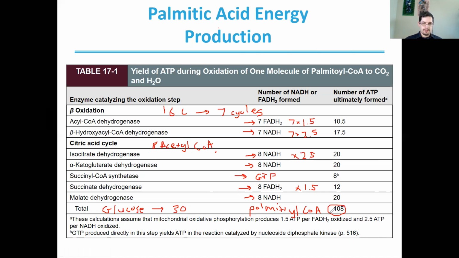Or in terms of ATP per carbon, that would be 5 ATP per carbon for glucose, as opposed to 6.75 ATP per carbon for our palmitoyl-CoA.